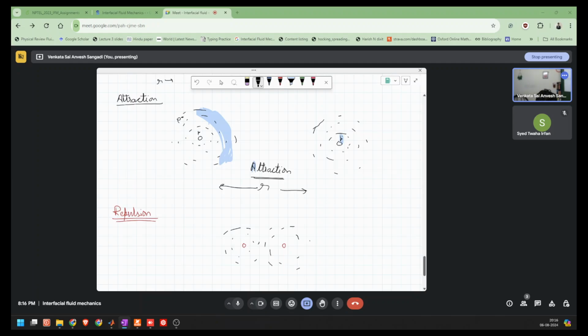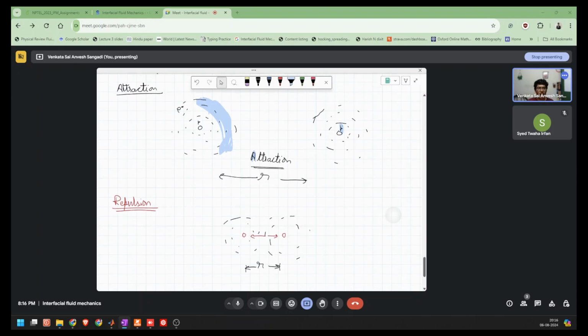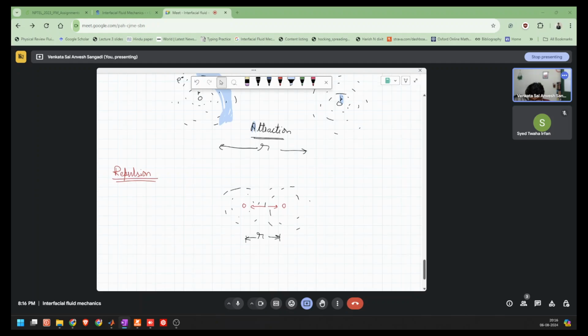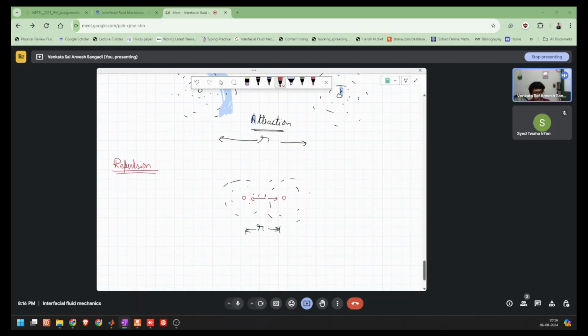Here in this case, you see that both the electron clouds are clashing with each other, and the proton here also feels the repulsive forces. So basically, this is the origin of the long range attractive forces and the close range repulsive forces.